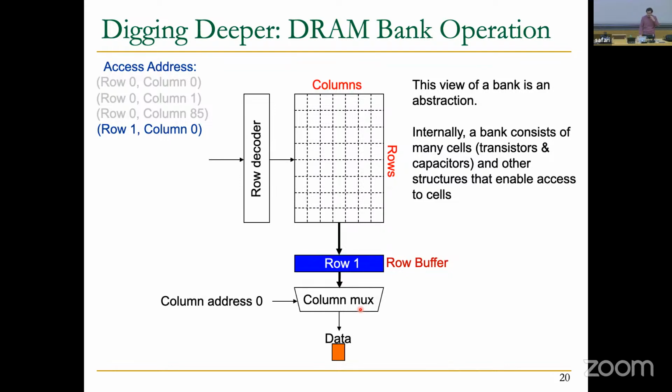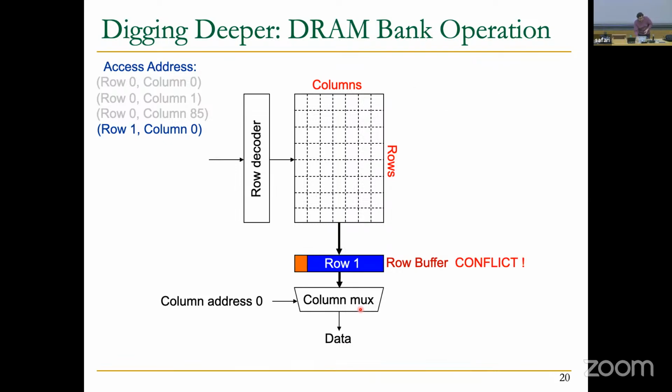How do we refresh? Okay, that's a good question. The question is, how do we refresh data? This refers to DRAM cells being leaky and losing charge over time. Basically, to do a refresh operation at this level of abstraction, if you need to refresh row 0, for example, the only thing you need to do is to activate row 0 by putting row 0's address to the row decoder.